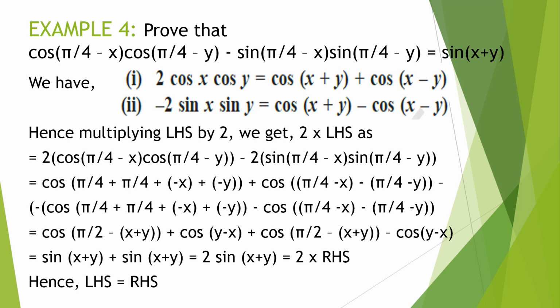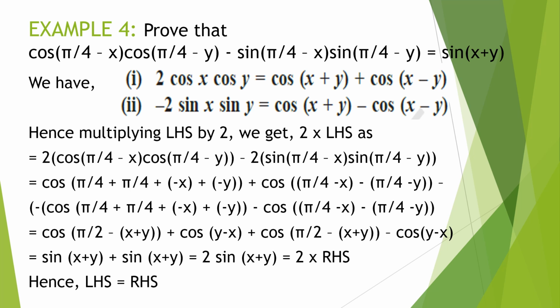Then in the next step, for 2 sine into sine, that is equal to cos(x plus y) minus cos(x minus y), but with a negative sign. So minus into bracket cos of the sum of the angles, again over here is pi by 4 minus x plus pi by 4 minus y, and the difference is pi by 4 minus x minus (pi by 4 minus y).